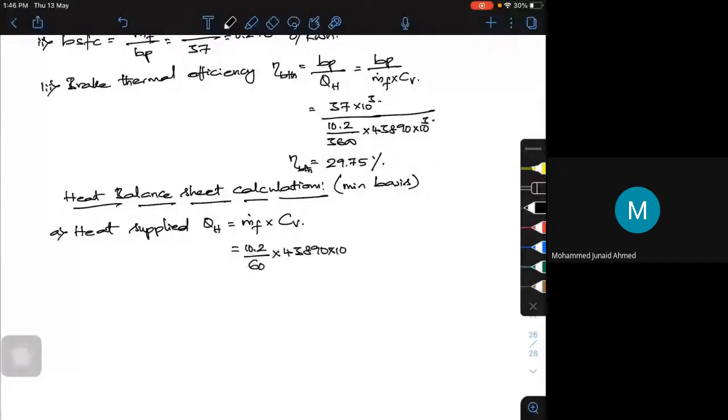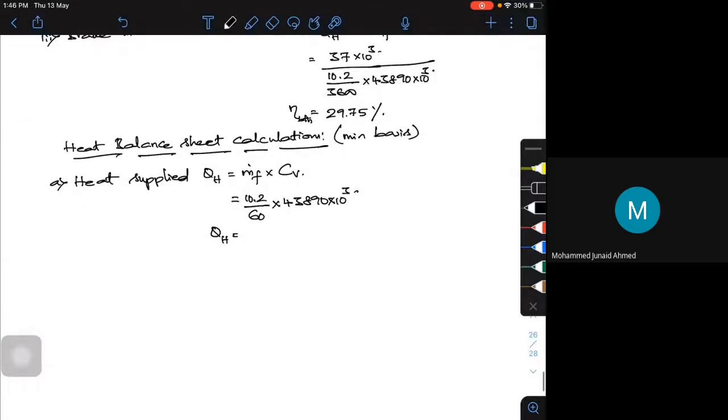If I do that, I am getting QH as around 7,461 kilojoules per minute. So this is the heat supplied.